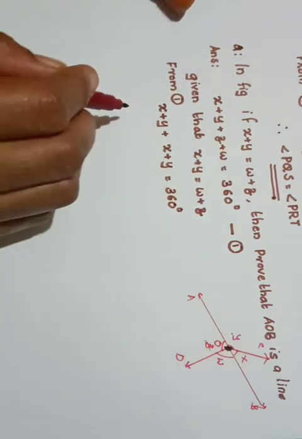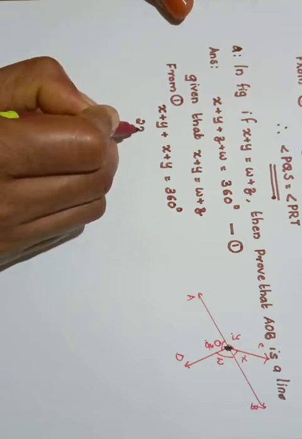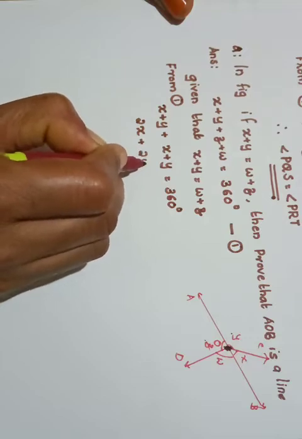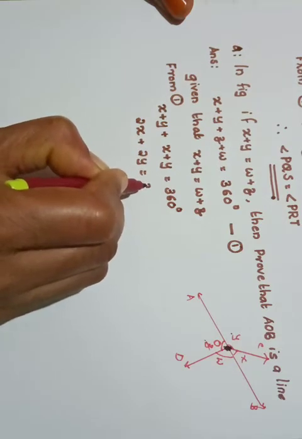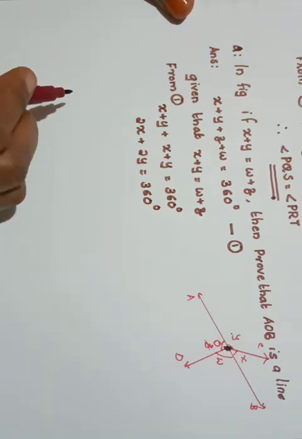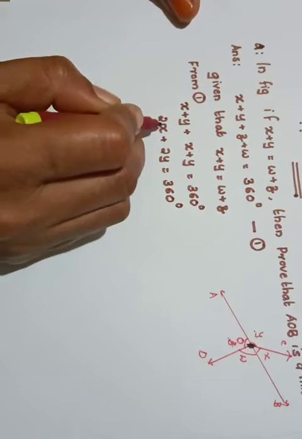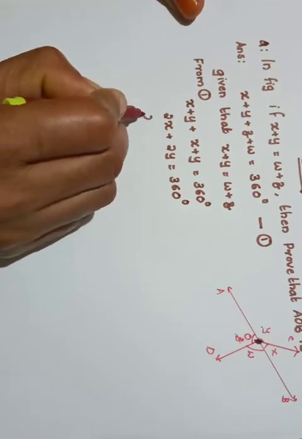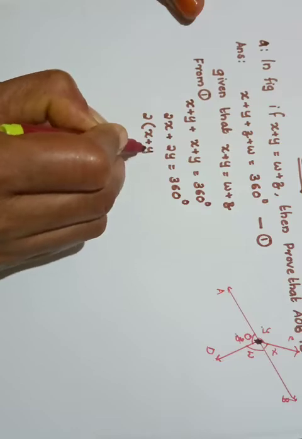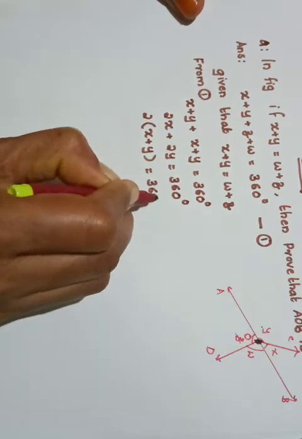Now you can see how many X is there? 2X. Same way 2Y is equal to 360 degree. So can we take 2 as a common factor? So 2 into X plus Y is equal to 360 degree.